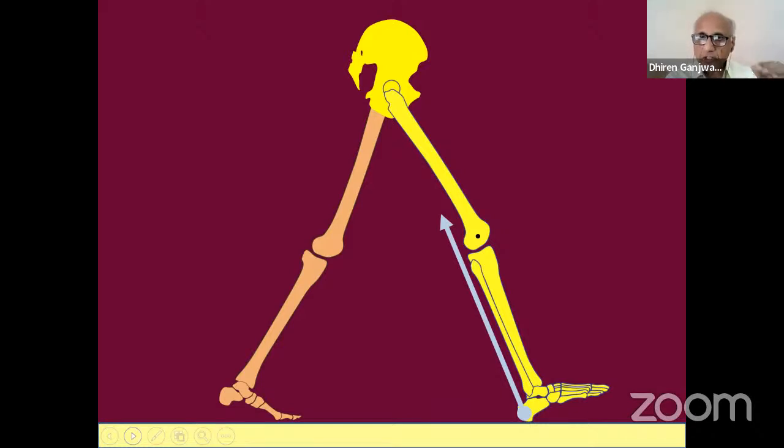So the initial flexion is produced by the ground reaction force. But the quadriceps works eccentrically, and it slows down this knee flexion and dampens the impact which is coming. So at the ankle, it was tibialis anterior. At the knee, it is the quadriceps working eccentrically in this part of the gait cycle.